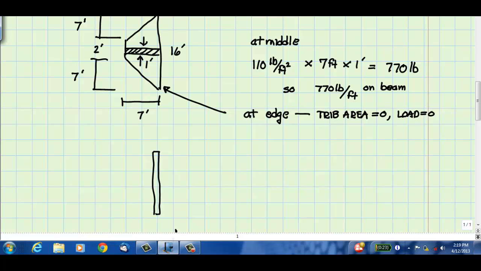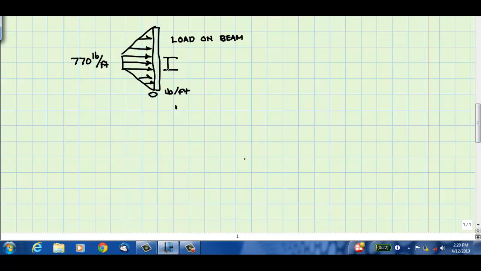The actual loading on the beam then looks like this. There's a constant load of 770 pounds per foot on the middle 2 feet, and then it goes to 0 at the end of the beam.